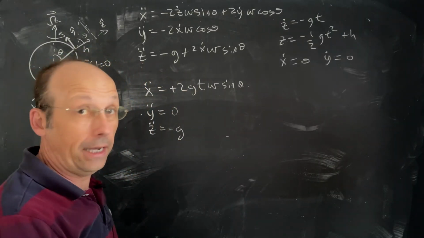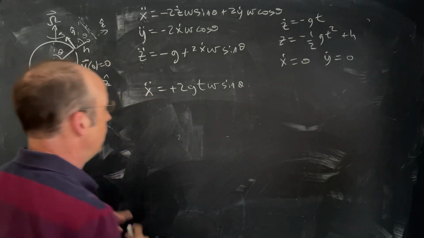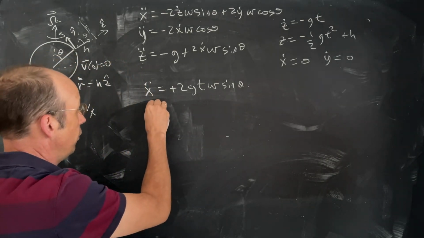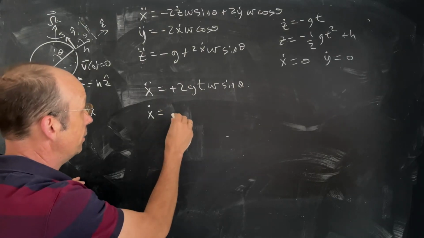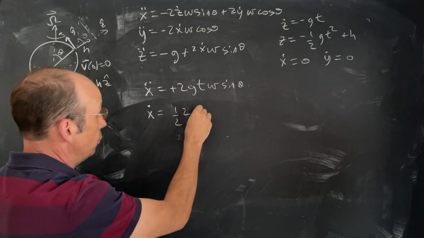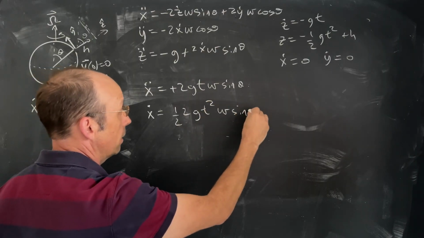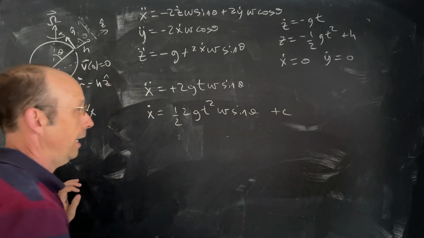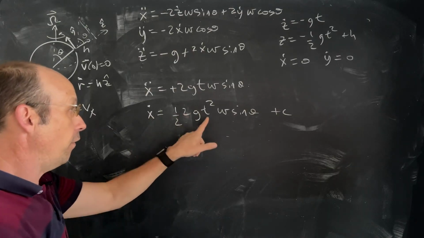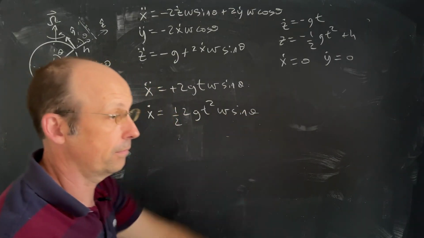Well, we can solve that. I can solve that, right? This one's not too bad to solve. I can integrate both sides. I get x dot is going to be equal to 1/2 times 2 times g t squared omega sine theta plus a constant. And again, at t equals 0, if I put in t equals 0 there, the velocity is 0, so c is 0.